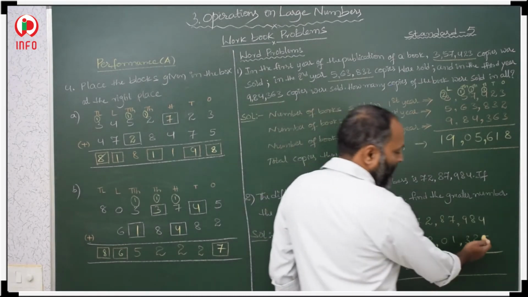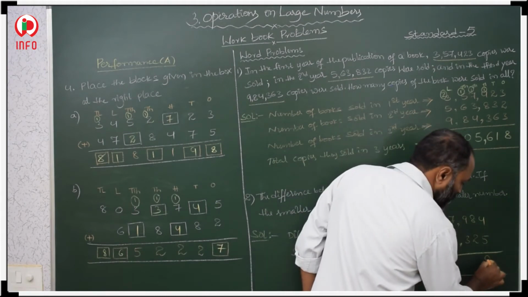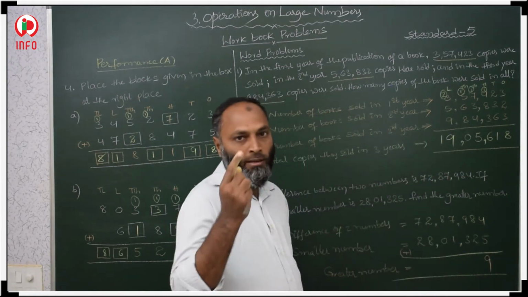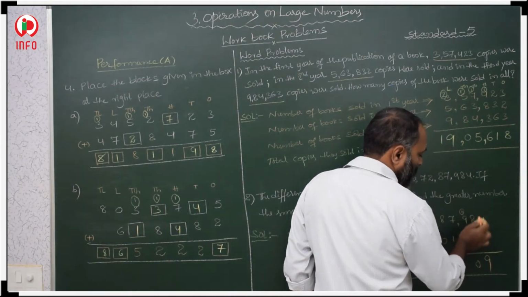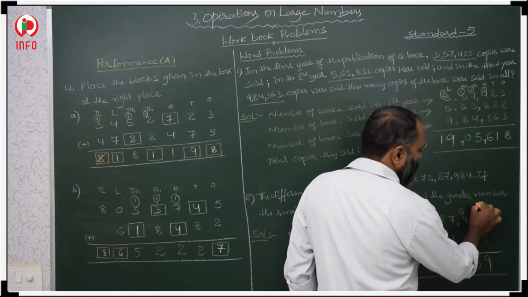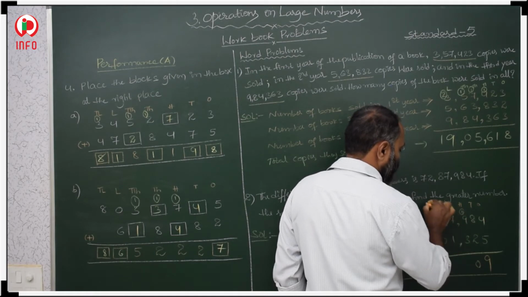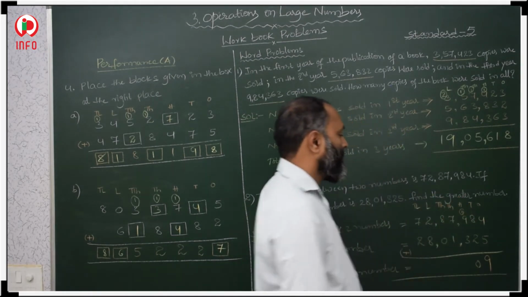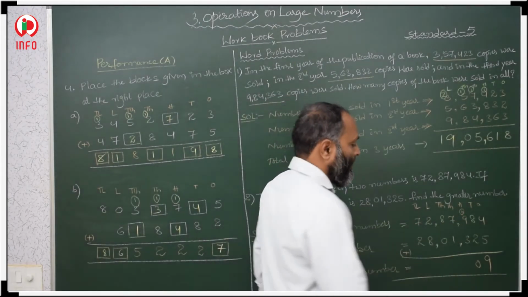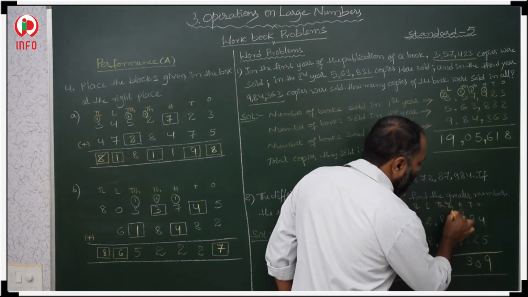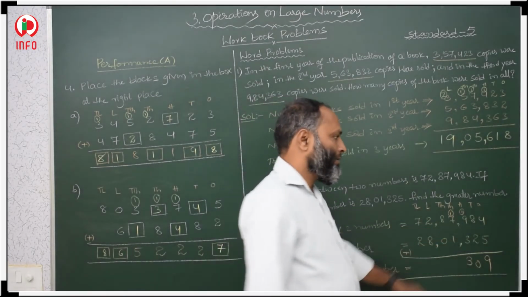Now we add: 5 plus 4 is 9. 8 plus 2 is 10. 10 means 0 in the tens place and 1 in the hundreds place. This is ones, tens, hundreds, thousands, 10,000s, lakhs, 10 lakhs. Now 9 plus 1 is 10, 10 plus 3 is 13. 3 in the hundreds, 1 in the thousands. 7 plus 1 is 8, 8 plus 1 is 9.